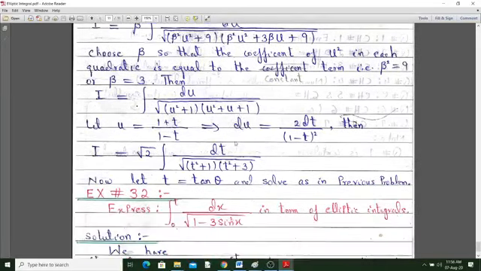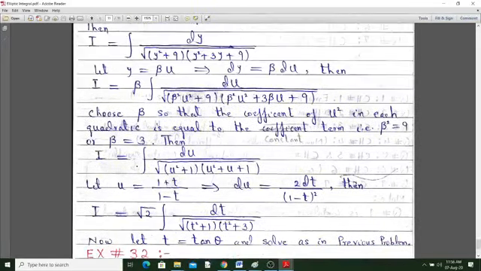You may ask what is the difference between this expression and that expression. Yes, there is a difference. The difference is that here the coefficients are 1, 3 and 9, but here the coefficients are 1, 1, 1, and that is easier, because the coefficients of the earlier expression are 1, 3, 9.